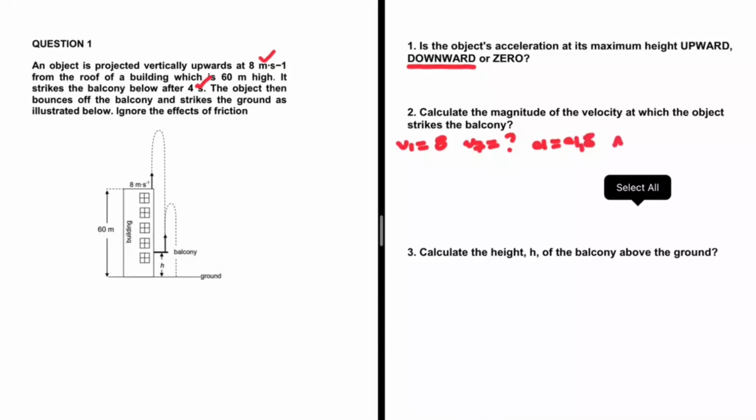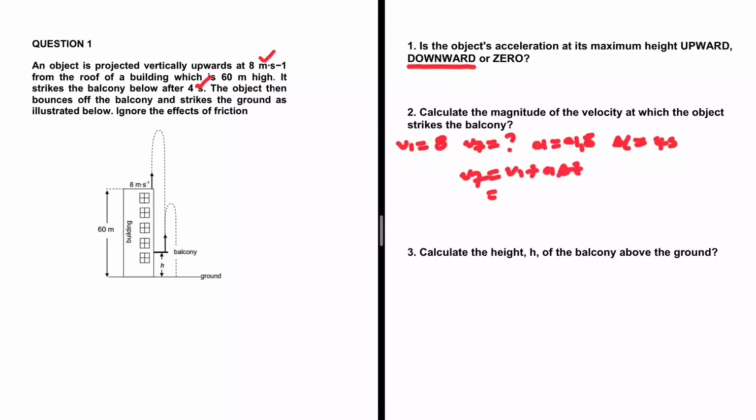On the other hand, the change in time we're given is 4 seconds. The object strikes the balcony after 4 seconds. Which equation can we use with these 4 variables? Well, VF is equal to VI plus A delta T.